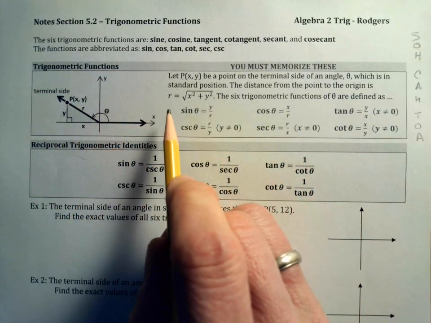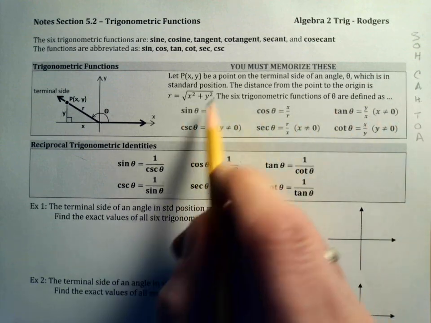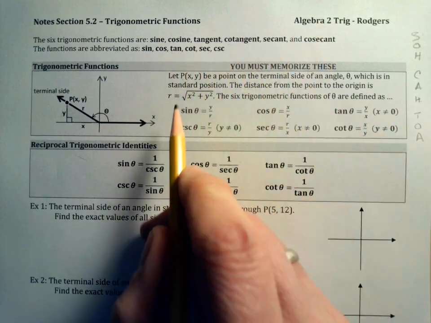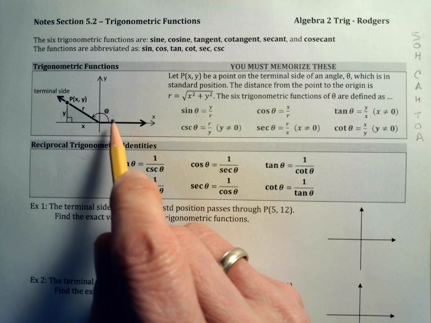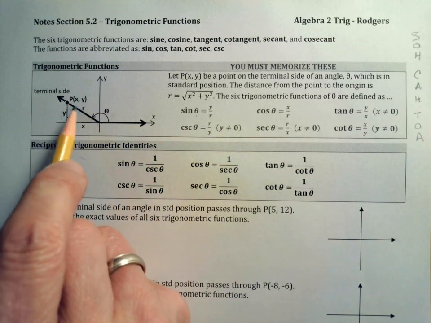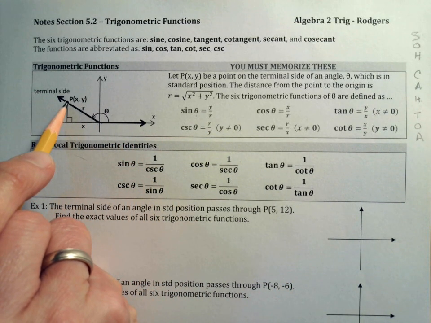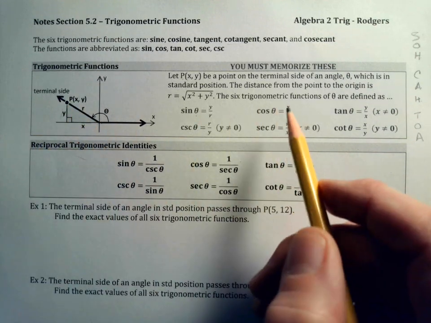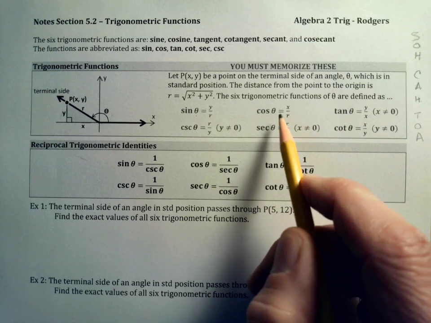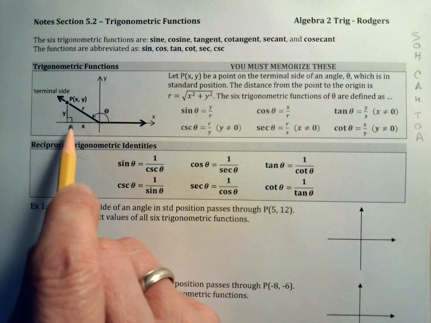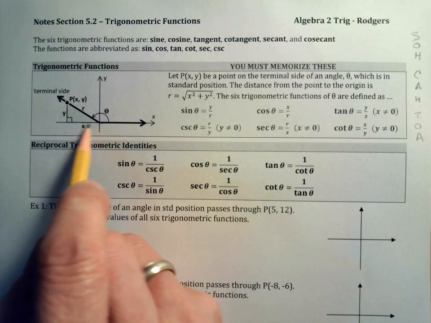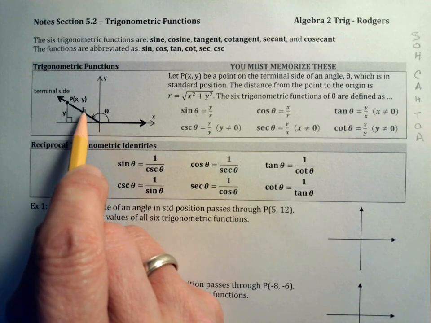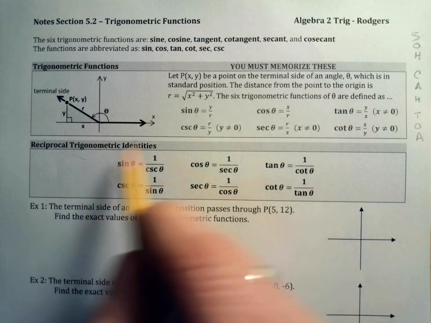All right, so the 6 trigonometric ratios that we introduced a second ago: sine of that angle theta is equal to the y-coordinate of that point divided by r. Let's move across. The cosine is going to be the x-coordinate of that point, this side of the right triangle, divided by r.